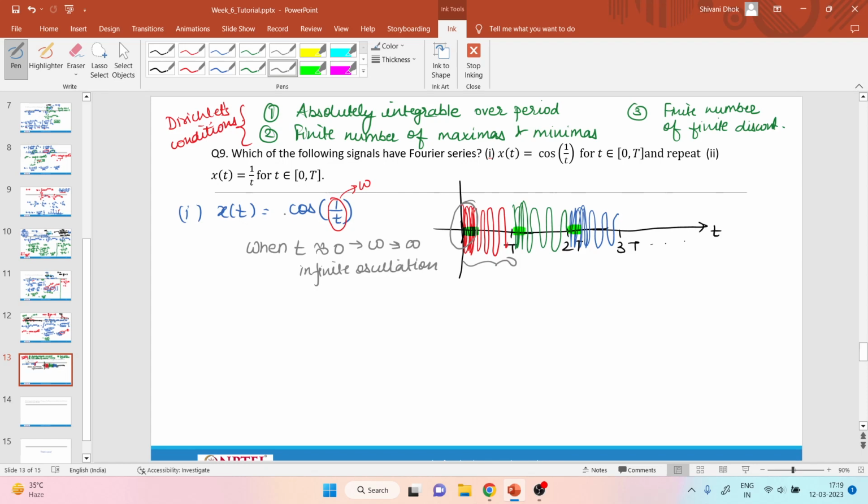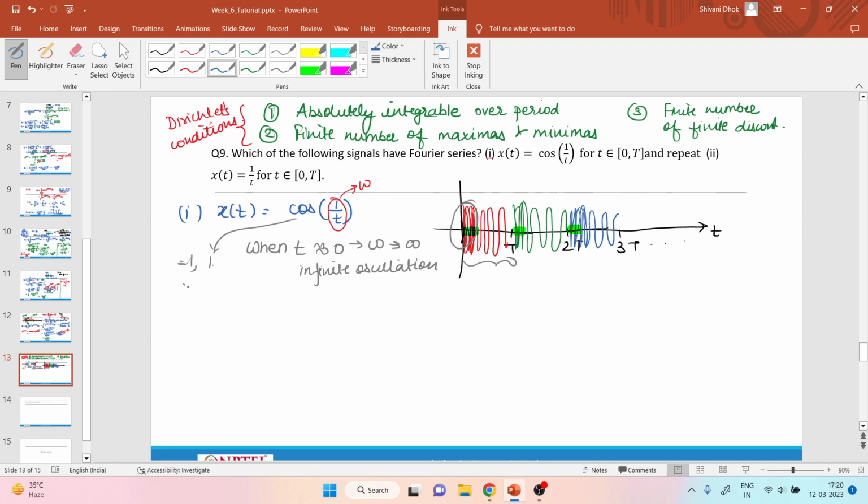Now this is a cos function. This cos takes a minimum value of -1 and a maximum value of 1. But if I am having infinite oscillations, this -1 and 1 are obtained an infinite number of times. That is, I am having an infinite number of maxima and minima.